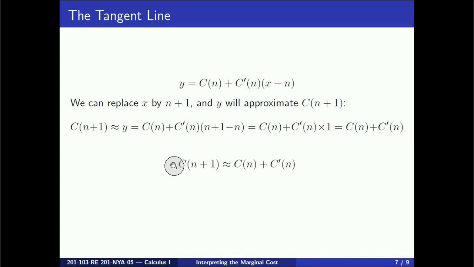So to recap, C of n plus 1 is approximately C of n plus C prime of n. And if we solve for the derivative, we get that C prime of n is approximately C of n plus 1 minus C of n. This is the same approximation that we obtained using the graph, and it shows that the derivative at n gives an approximation to the cost of producing the n plus 1st gallon of stain.